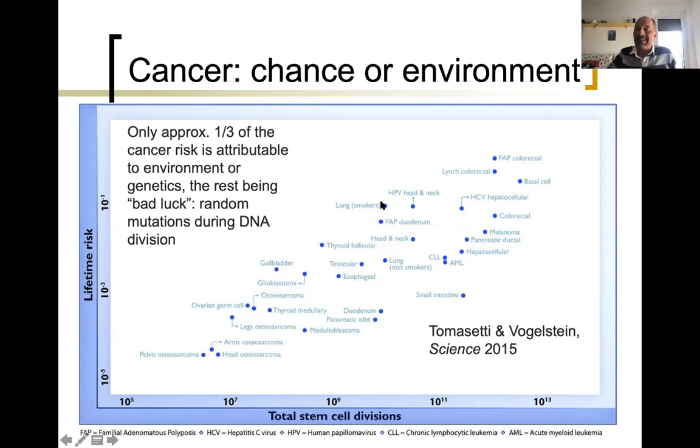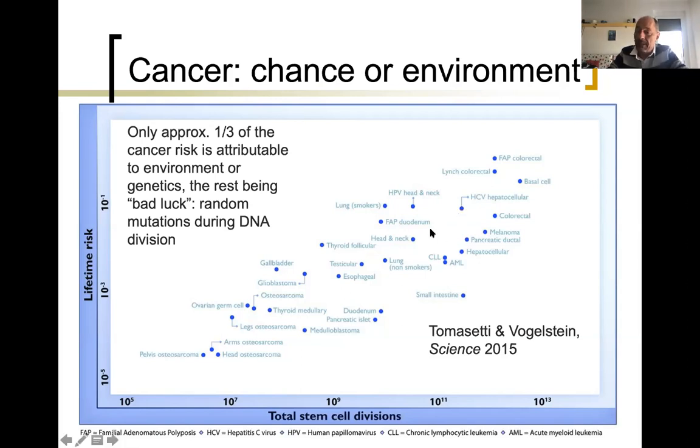smoking, a bad habit, increases your risk of cancer by more than a factor of 10. But still, if you don't smoke, your risk of lung cancer, for example, will be higher than the risk of osteosarcoma, which is a bone tumor, simply because the bones divide less than the lung.